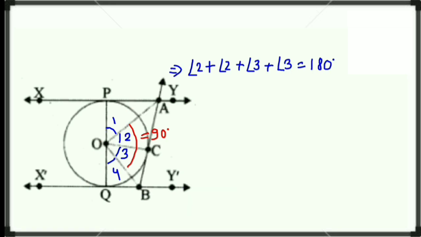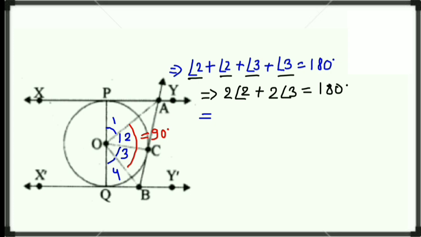Okay, here 1 angle 2 plus 1 angle 2, 2 angle 2, plus 1 angle 3 plus 1 angle 3, 2 angle 3, equal to 180 degrees. Now from here 2 can be taken as common, and here remains angle 2 plus angle 3 equal to 180 degrees.